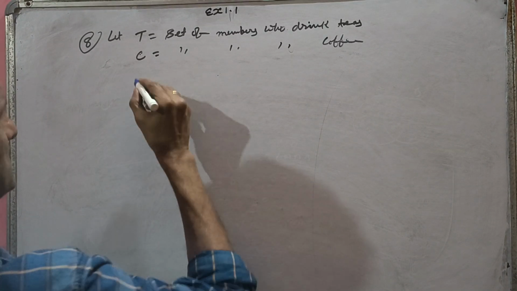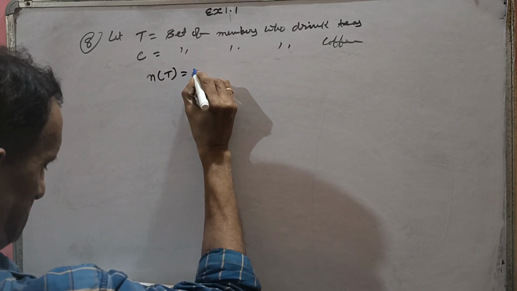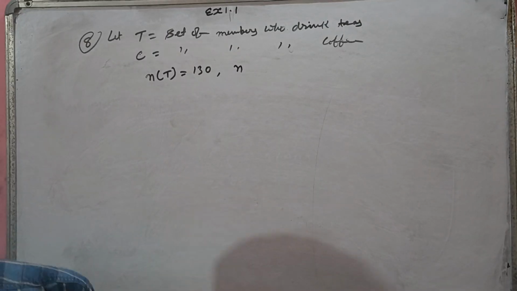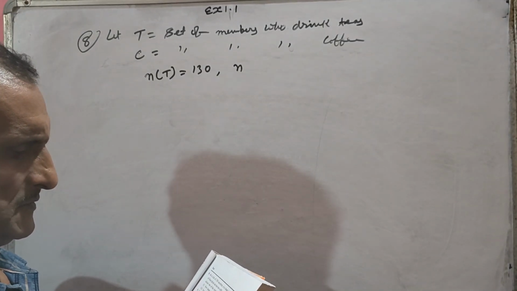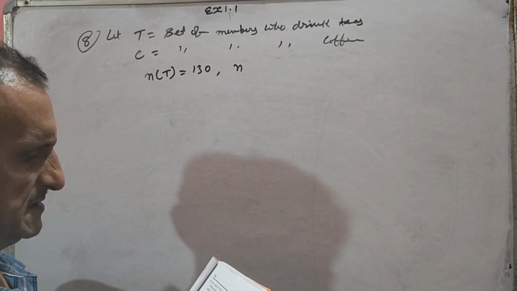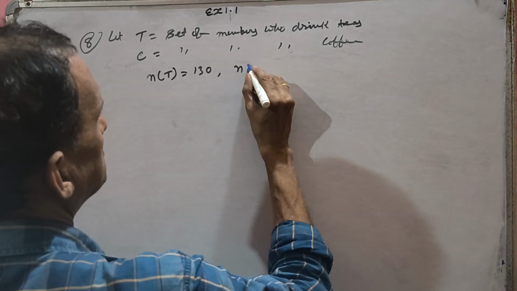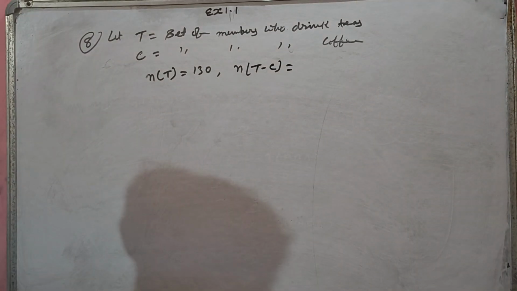Okay, what is given? N(T) is given 130. Then what is given? See the question. 130 drink tea and 85 drink tea but not coffee. Tea but not coffee means what? T minus C is given how much? 85.